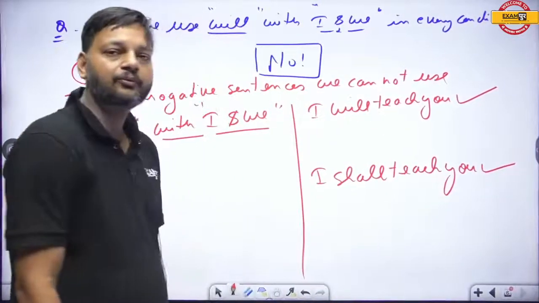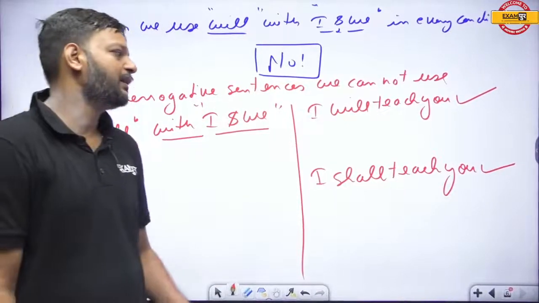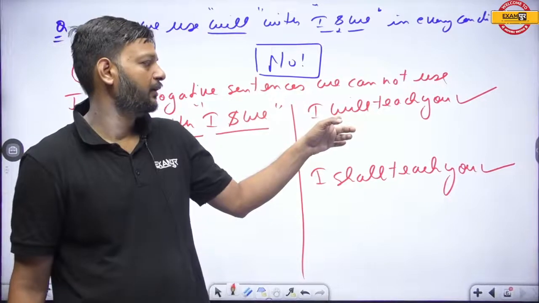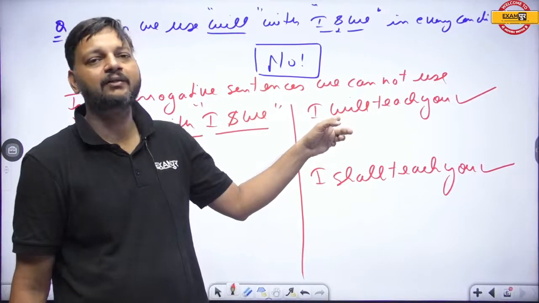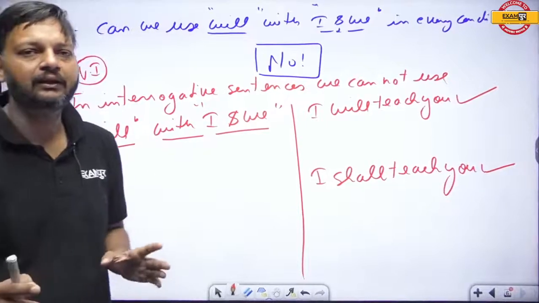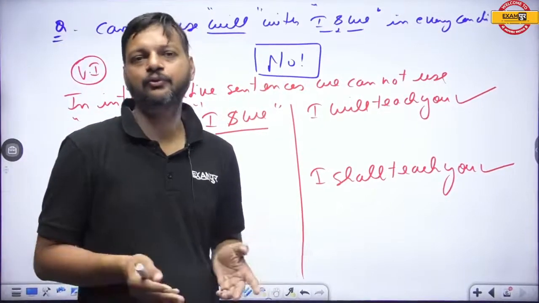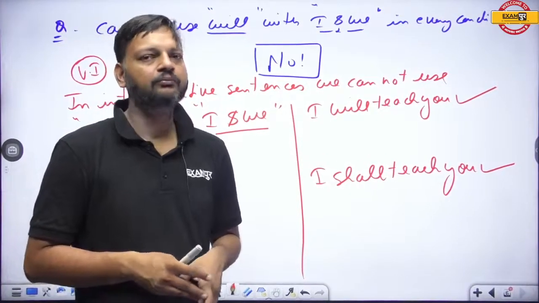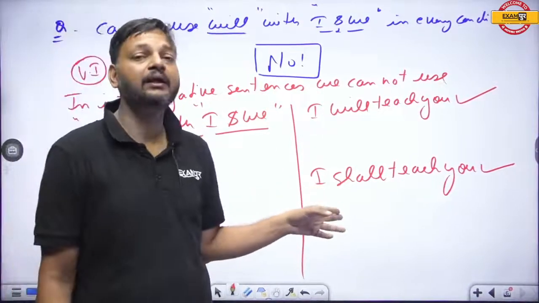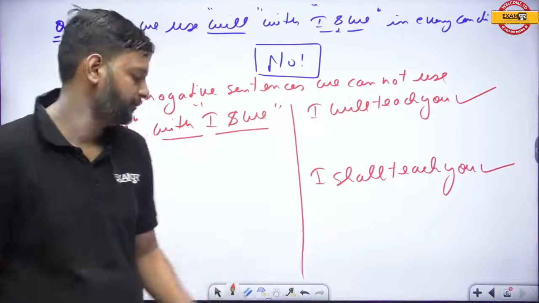This sentence is also absolutely correct. Both the sentences are absolutely correct. The difference is meaning. Here it shows my determination that I'll 100% teach you. No change of plan. I'm not going to make excuses. I'm 100% going to teach you. But this is my planning. It may change. Okay?